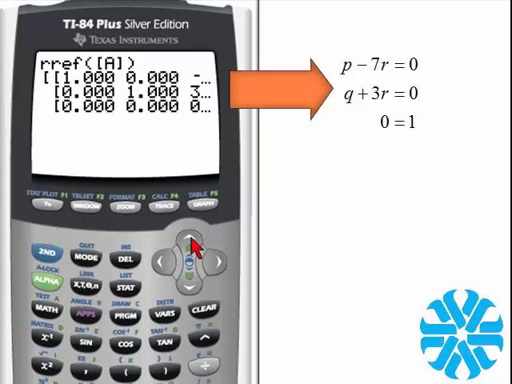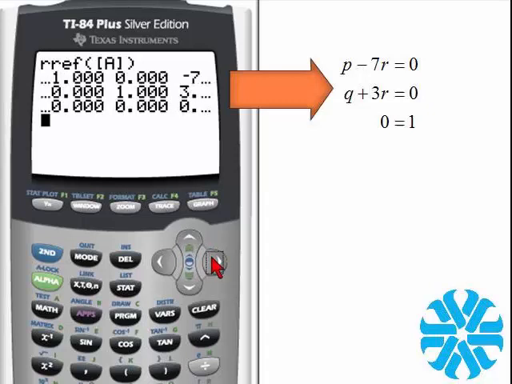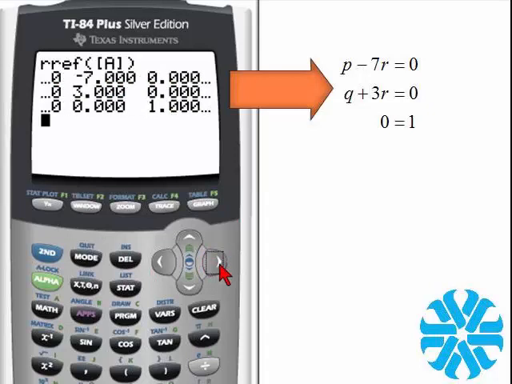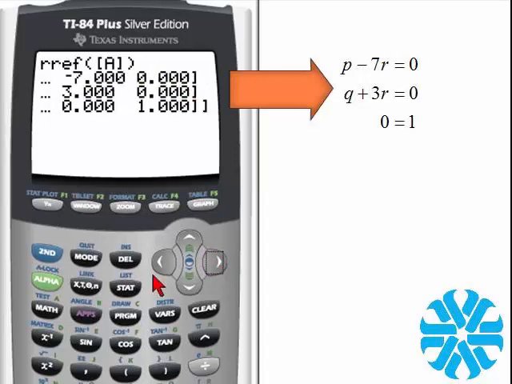So let's go ahead and take a look at the first row, and we have the P, and then there's no Q, and then minus the 7R, and that should equal 0. There it is.